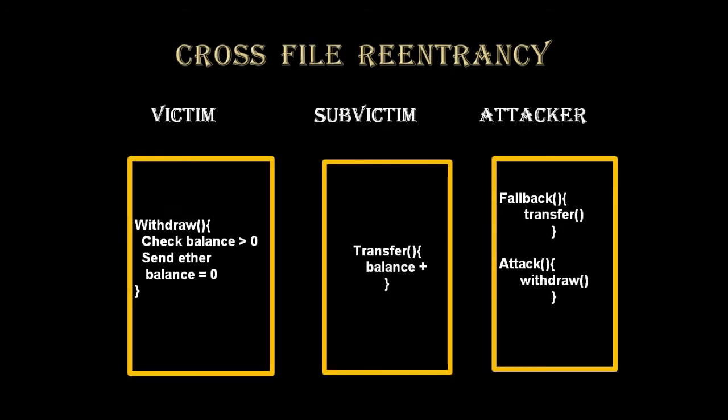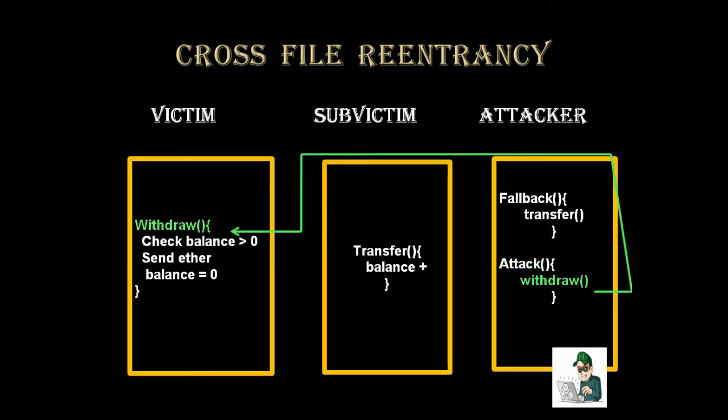As we have seen in the cross function attack, the same can happen with cross file also, if both functions share the same state variable. I have taken three contracts: victim, sub-victim and attacker. See how this happens. First the caller calls the attack function.